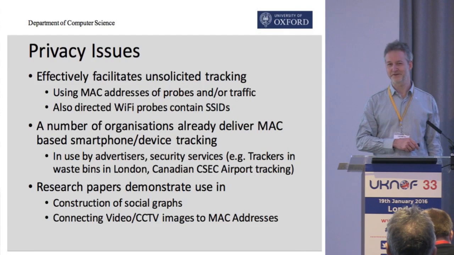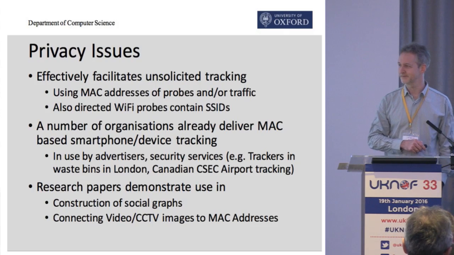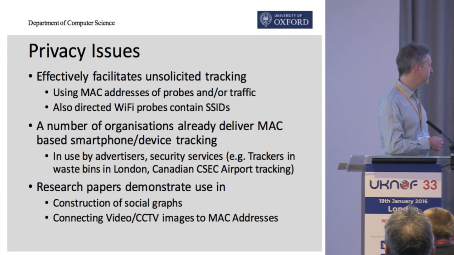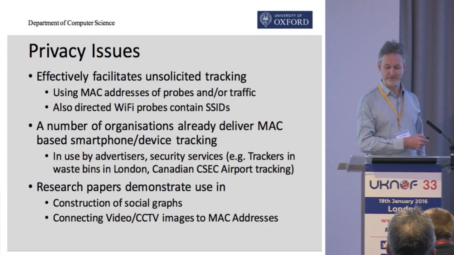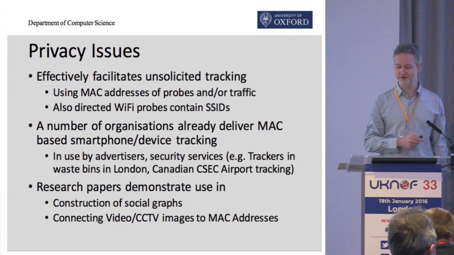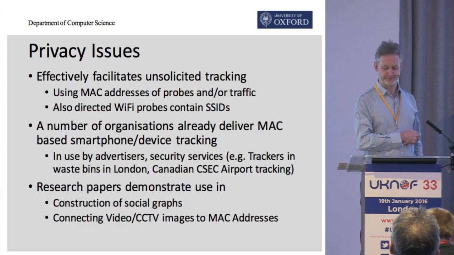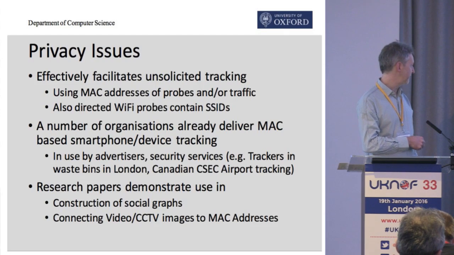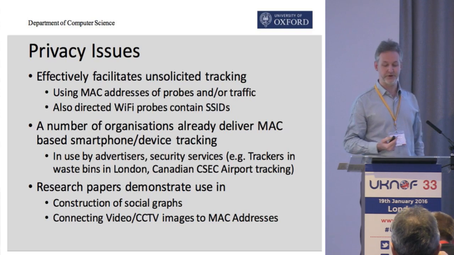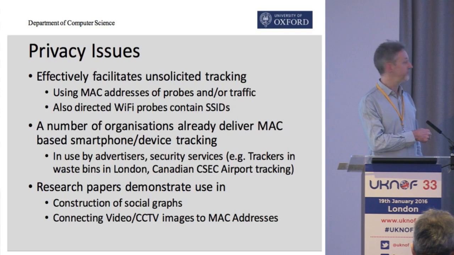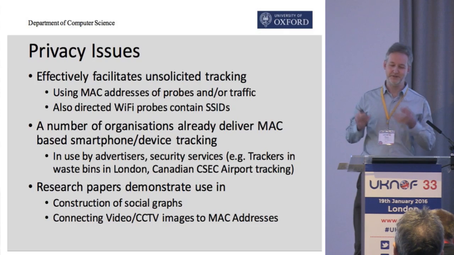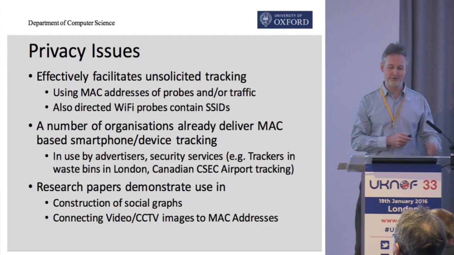There were these smart dustbins that had Wi-Fi tracking kit in them, and they were selling on the information, and then obviously the security agencies use it for tracking certain individuals, in addition to trying to track phones and things. And there've been various research papers demonstrating you can use this combination of information, seeing the probes and then the directed probes, and you can construct social graphs by collecting this information up, and then you can find out who's talking to who.